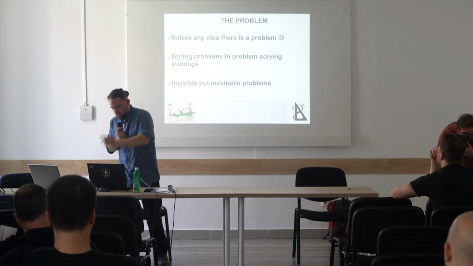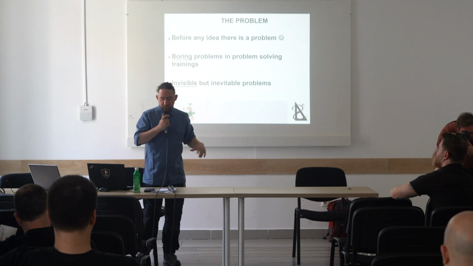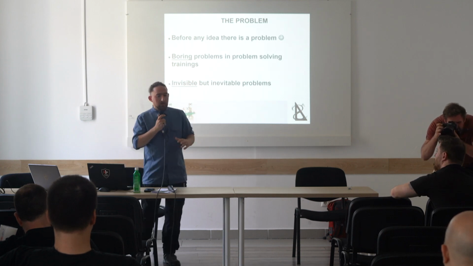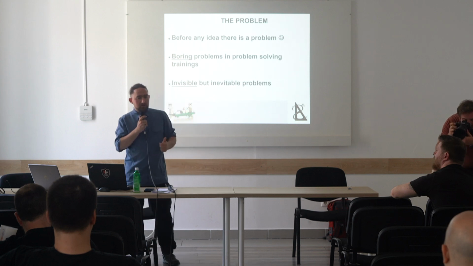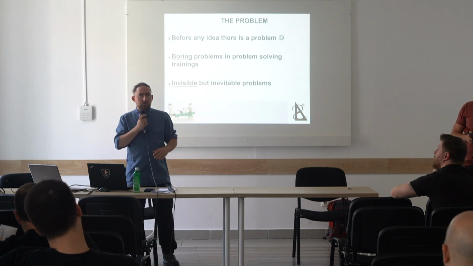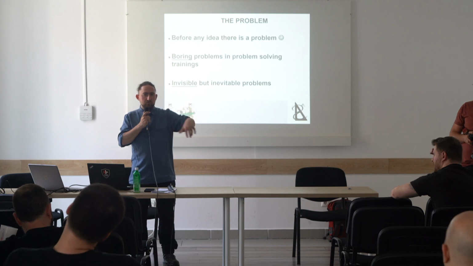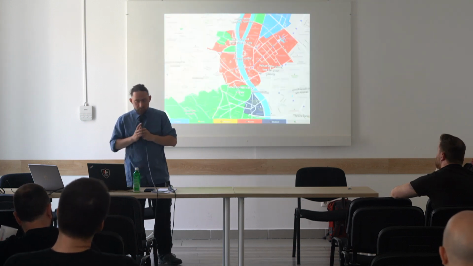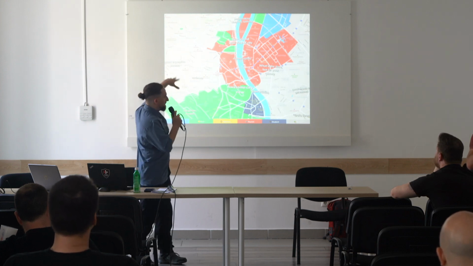So we cannot see the invisible but the inevitable problems. The workshop that I had to make had a lot of people, so it was a bit of a mess organizing it. So at some point, we were given a map like this.